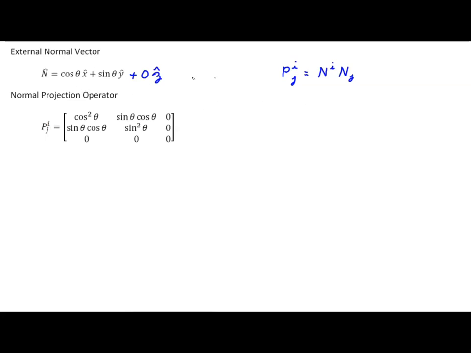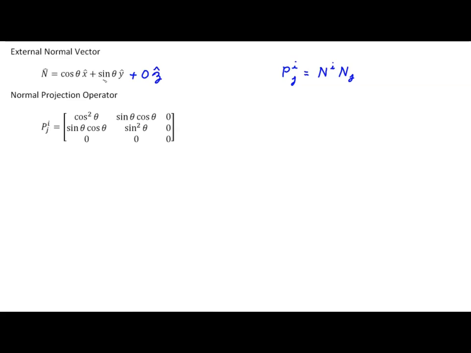So P11 is just the product of this component times itself. P12 is this component times this one, giving this. The third component is this one times this one. So we're simply going through each of the possible combinations of these vector components of our external normal.